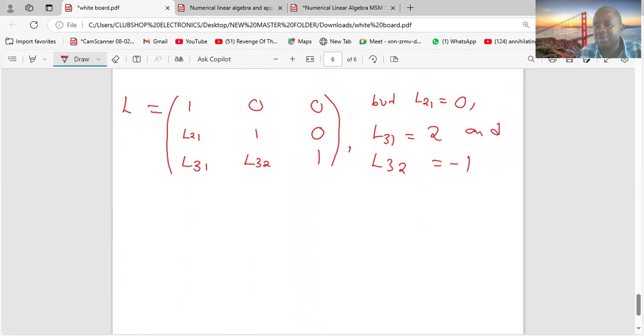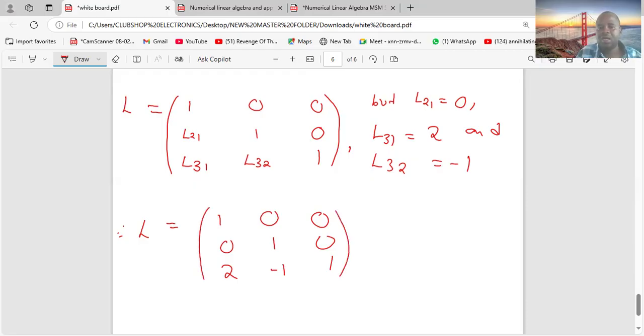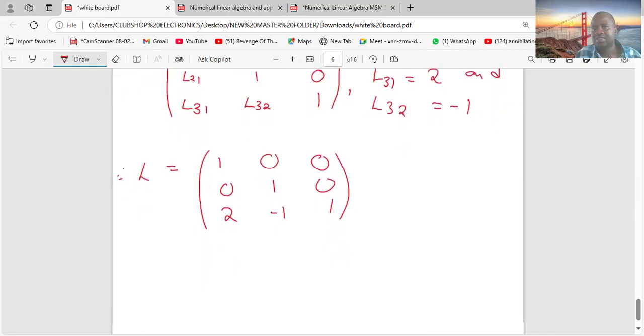So we just do the substitution. Therefore, our lower triangular matrix is 1, 0, 0. Where there is L2,1, we put 0, 1, 0. Where there is L3,1, we put 2. Then where there is L3,2, we put negative 1 and 1. And therefore, this one becomes our lower triangular matrix.